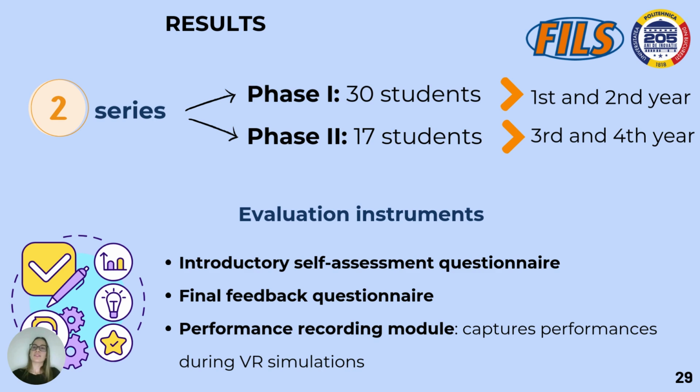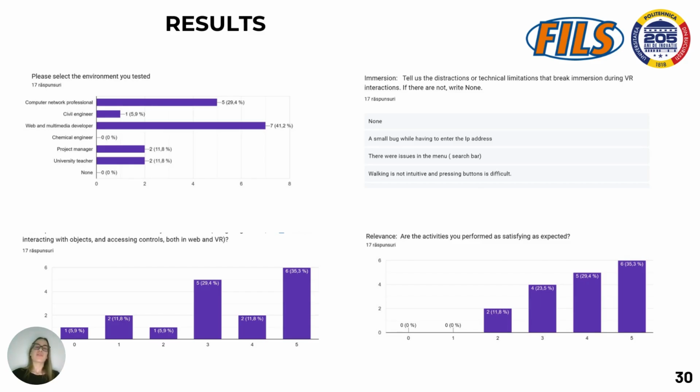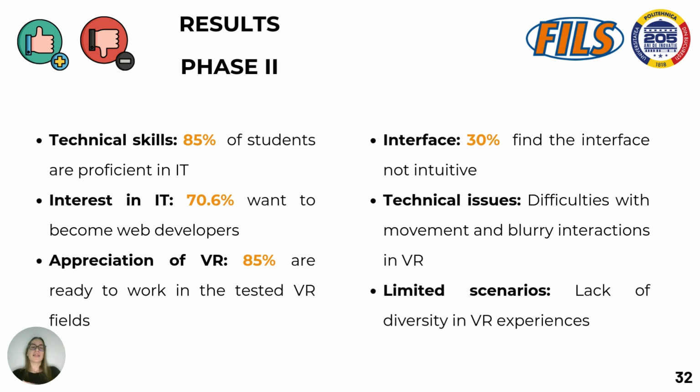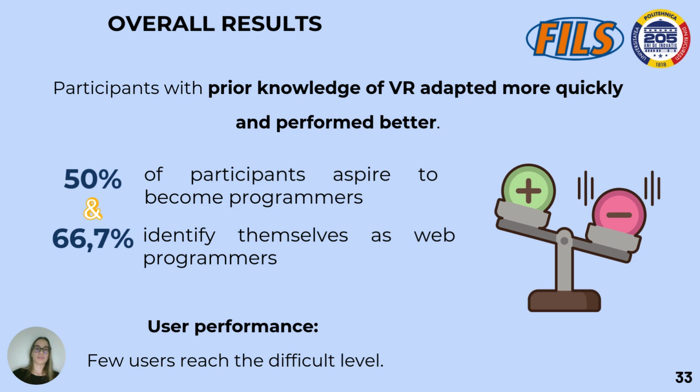And as for results, over 2 sessions, we had around 15 participants. For each and every one of them, we collected the data and then analyzed it. Following the first phase, 95% of the feedback was positive, and 85% of the students recognized the importance of the project. After the second phase, we also got positive feedback, even though we faced some issues with the detection of sensor movement.